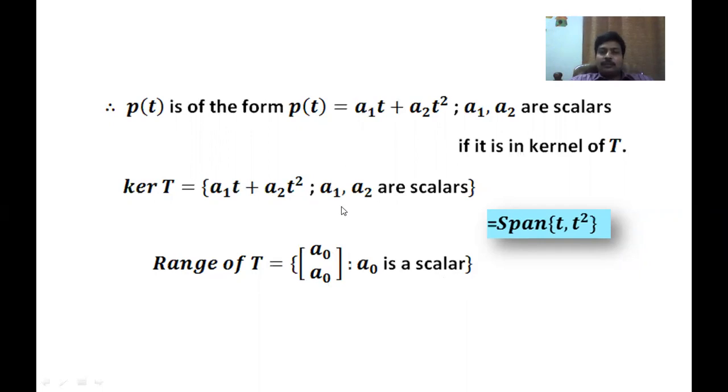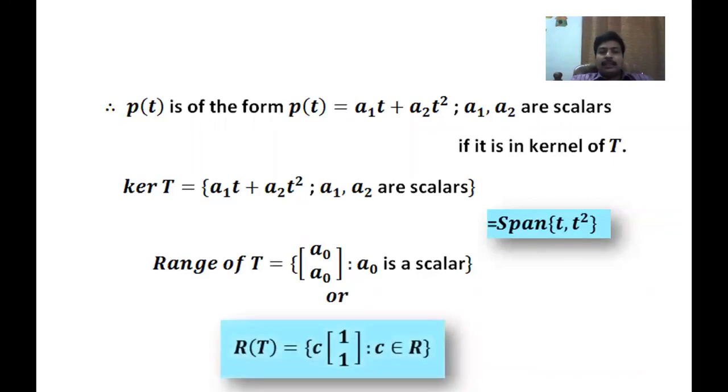You can produce 5, 5. You can produce 0.42, 0.42. So both the entries must be equal. Or finally, we can write it like this. Range of T is equal to the set of C times (1, 1) such that C is a real number. So this is the range of T.